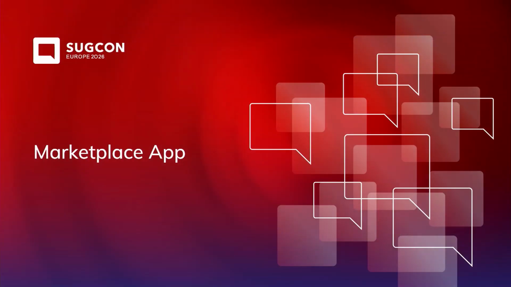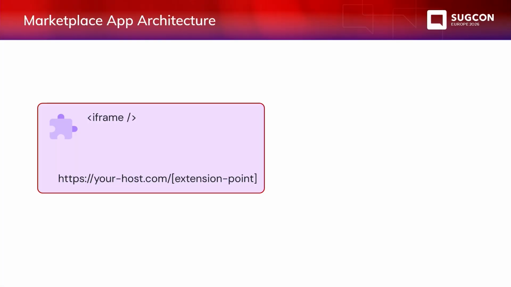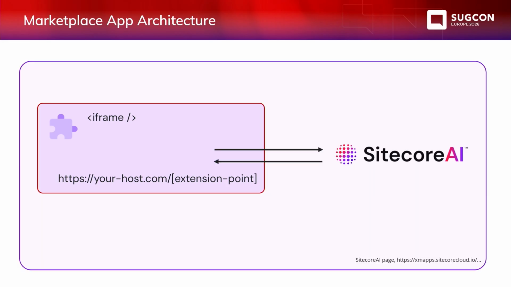And that's why marketplace apps are there. They allow you to extend Sitecore to your needs. So let's check how marketplace apps work, just quickly. A marketplace app is just a website, and usually it's a Next.js application. Sitecore loads your app in an iframe, and you can control where exactly this will be loaded using extension points.